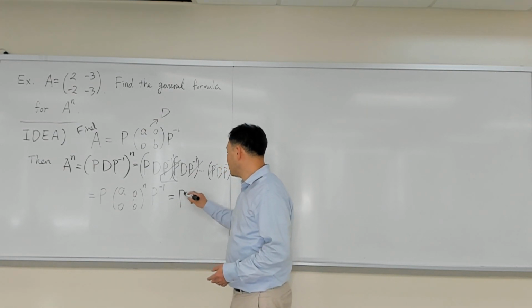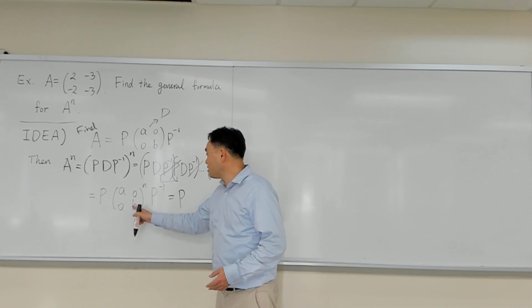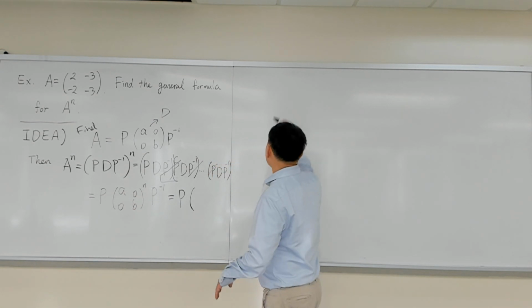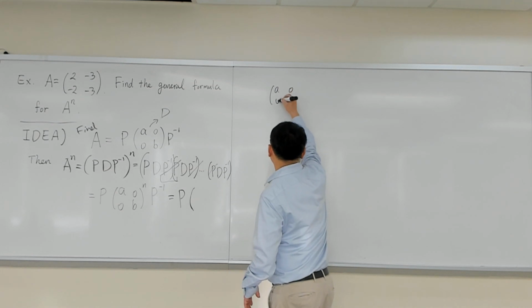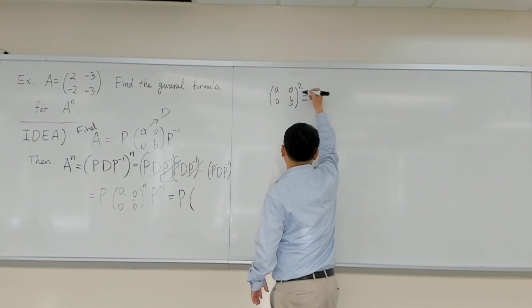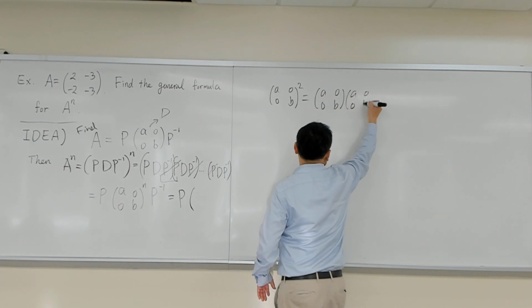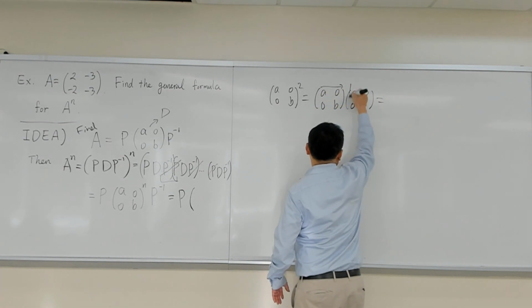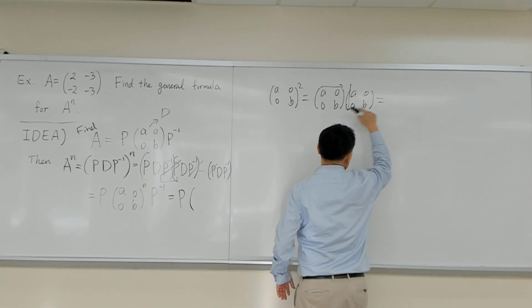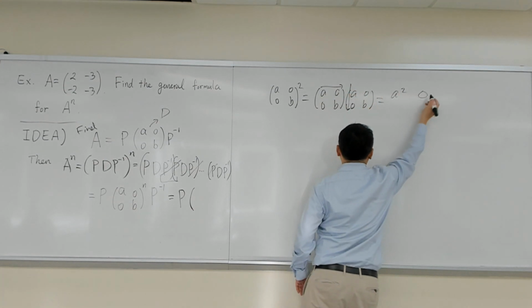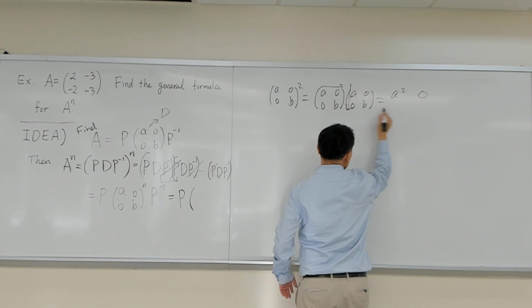But at least when you take the nth power of this, you see, diagonal matrices are very simple to multiply. A, 0, 0, B. What's this if you square it? You do across down: A times A, 0 times 0, so you get A squared. A times 0, 0 times B gives you 0. 0 times A, B times 0 gives you 0.